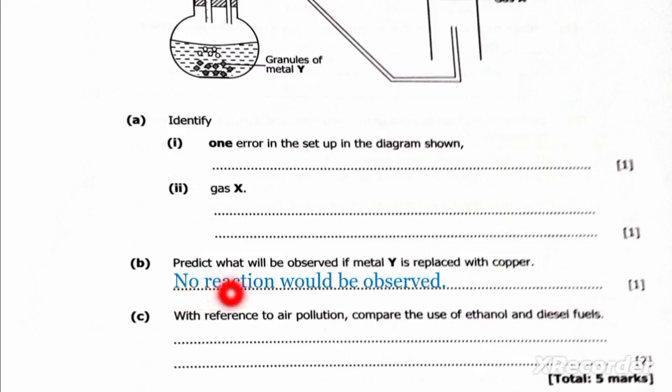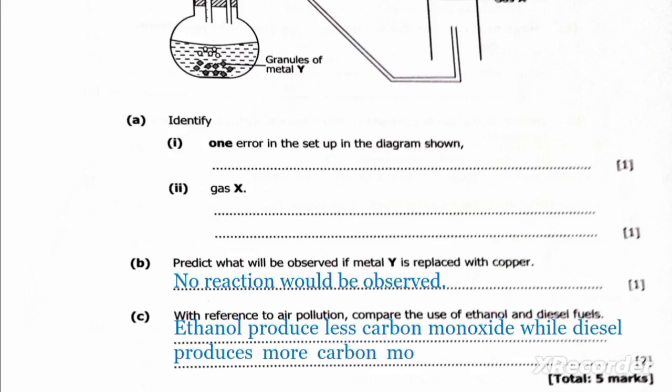C, with reference to air pollution, compare the use of ethanol and diesel. Ethanol produces less carbon monoxide, while diesel produces more carbon monoxide when they are both burnt. We know that carbon monoxide is a pollutant.